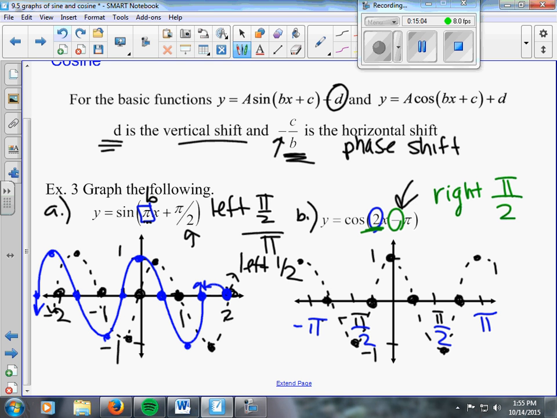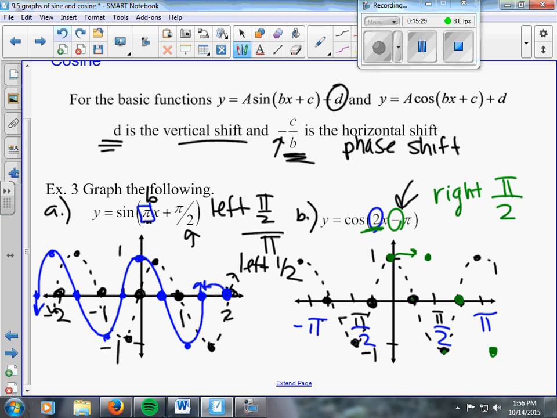So I'm going to move this point here at 0, 1, right to pi halves, 1. So that moved over to there. And this 0 is going to move over to that 0. And then this -1 point will move over here to pi.